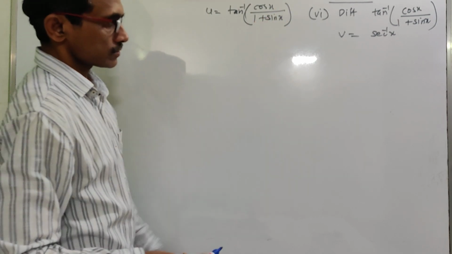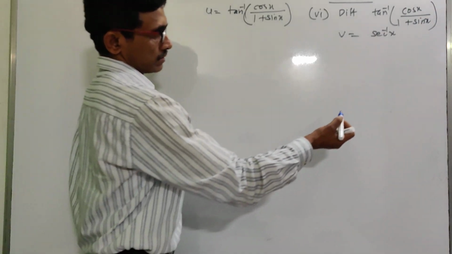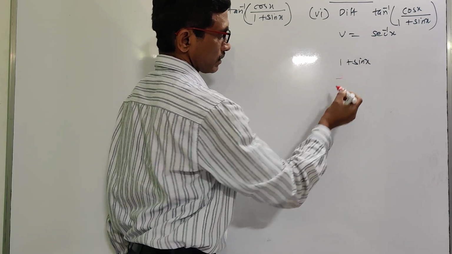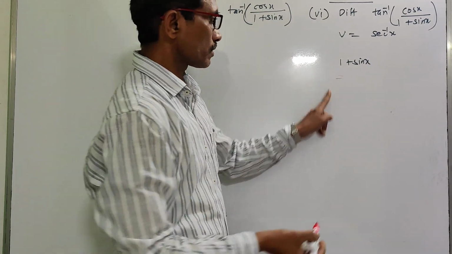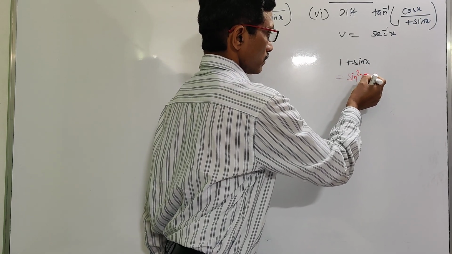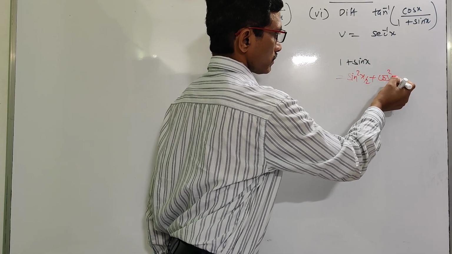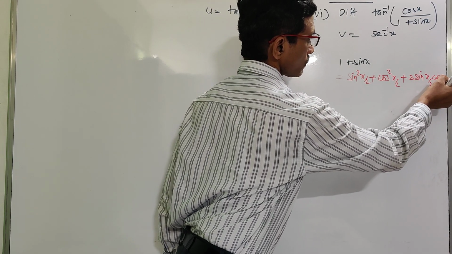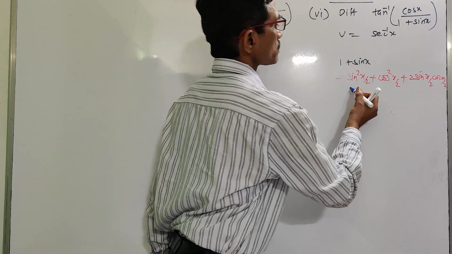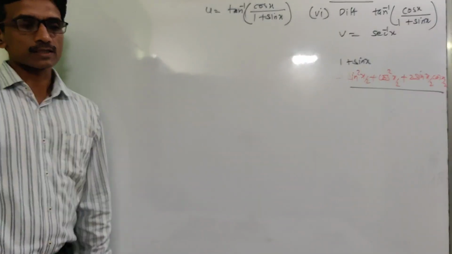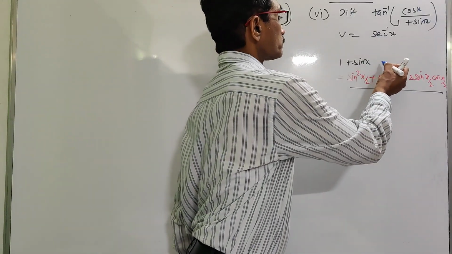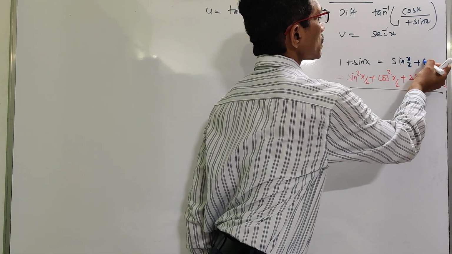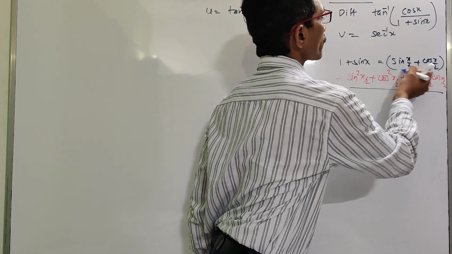And we can express 1 plus sin x as sin square x by 2 plus cos square x by 2 plus 2 sin x by 2 cos x by 2, and this gives sin x by 2 plus cos x by 2 whole square.